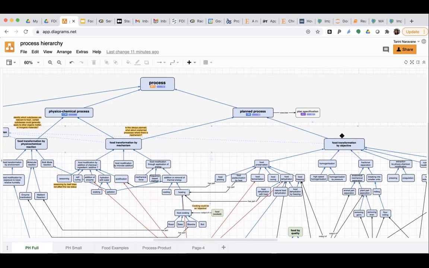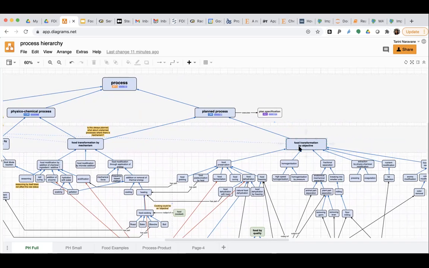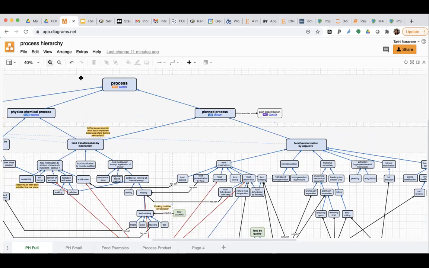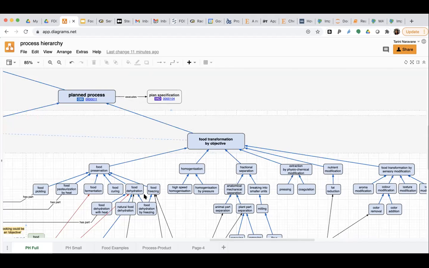So the other subclass is food transformation by objective. And again, this is not complete. So you zoom in a little bit more into the objectives. Here you see going from left to right, food preservation.